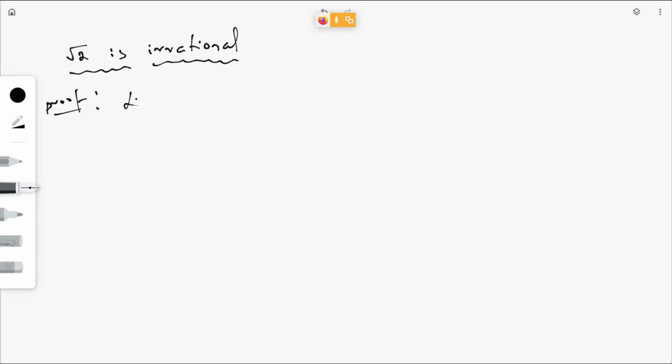To prove, let us assume the opposite or contrary. You can say contrary or opposite. Let us assume the opposite, that is, root 2 is rational.